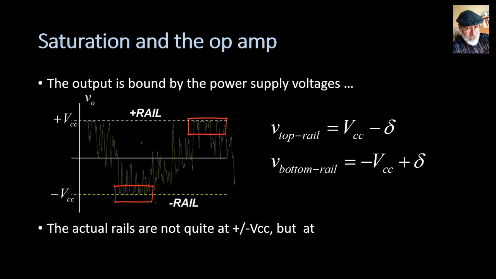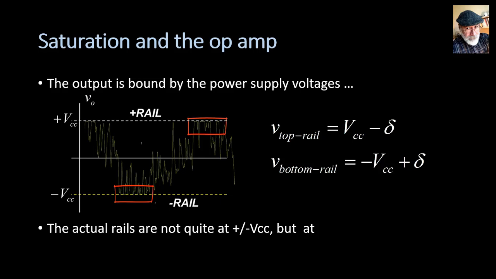The value of delta depends on how expensive the op-amp that you're using is. For a very expensive high-end, the so-called rail-to-rail op-amp, delta can be as little as 0.1 volts. But don't be surprised that for less expensive op-amps, delta is as large as 3 volts.